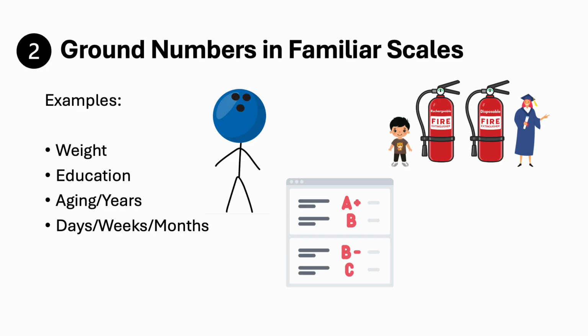So number 2 is to ground numbers in familiar scales. Some of the best ways to do that are through weight, education, aging, years, daily, or days, weeks of the month. So if you have ever gone through an ergonomic class, you may have had someone tell you that your head weighs approximately the pounds of a bowling ball, the same as a bowling ball.